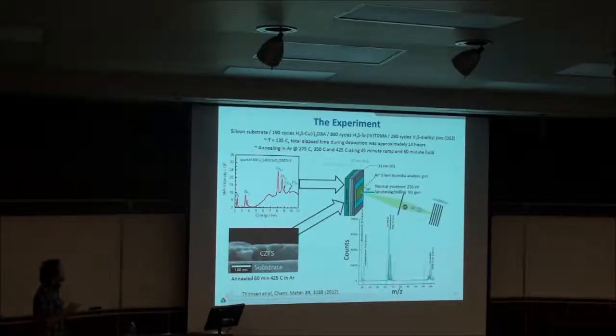This is an experiment where we used a silicon substrate with 190 cycles of the anion precursor H2S coupled to the cation precursor, whose name I cannot reproduce. Then 800 cycles of again H2S with the precursor for tin, and then 290 cycles of the anion precursor H2S with diethyl zinc, which is the zinc precursor.